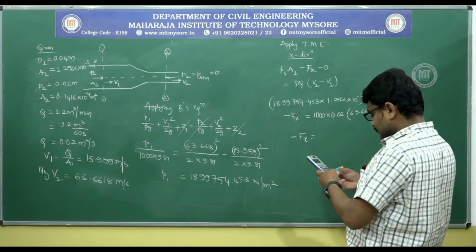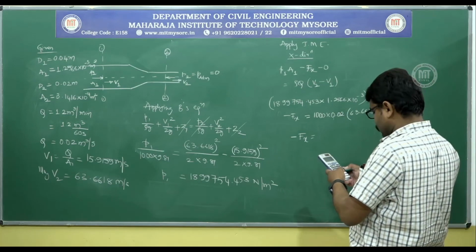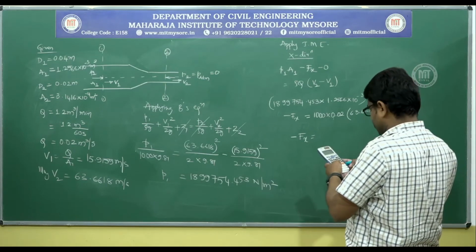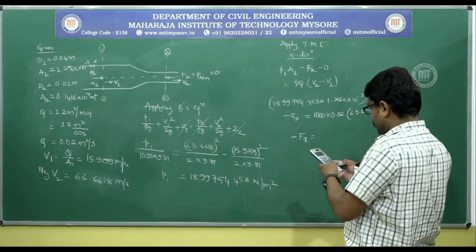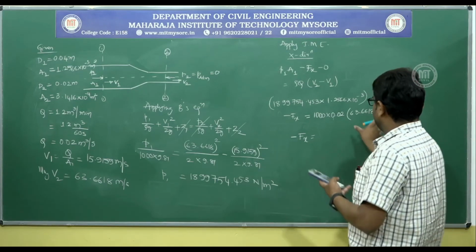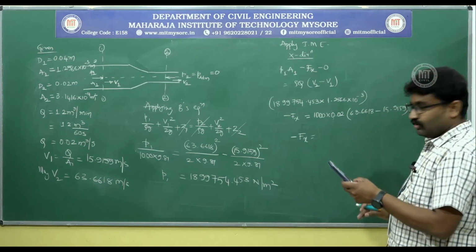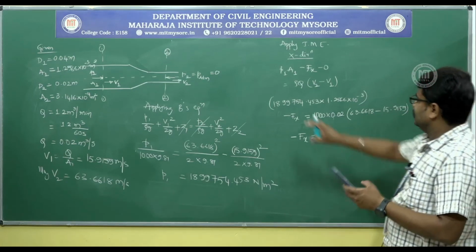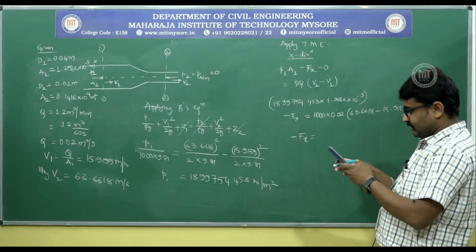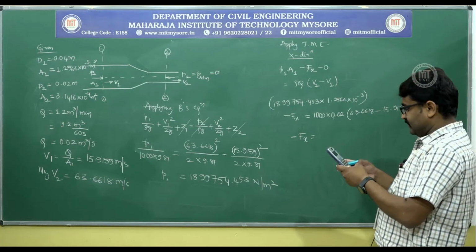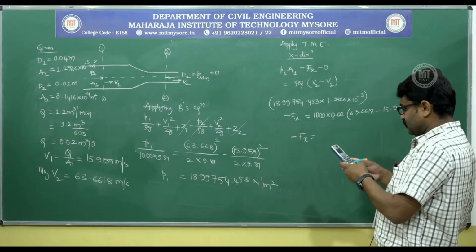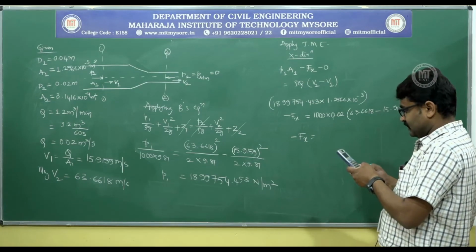So, keep minus Fx as it is, send rest of the things to the other side. So, you will get 63.6618 minus 15.9159 multiplied by 1000 into 0.02. So you will get this value 954.918 minus this entire thing, that is 1899754.453 into 1.2566 into 10 power minus 3.